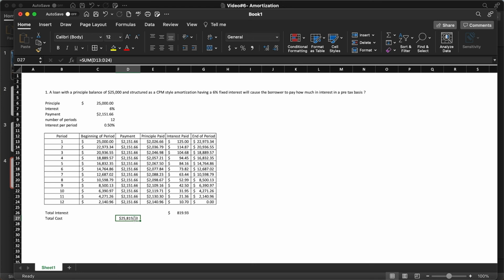We paid $25,819, which makes sense because we ended up with a $25,000 loan. We paid back all of the loan plus that interest that we just calculated here overall, and it makes sense. So this is how you calculate and amortize a loan using the constant payment mortgage method.